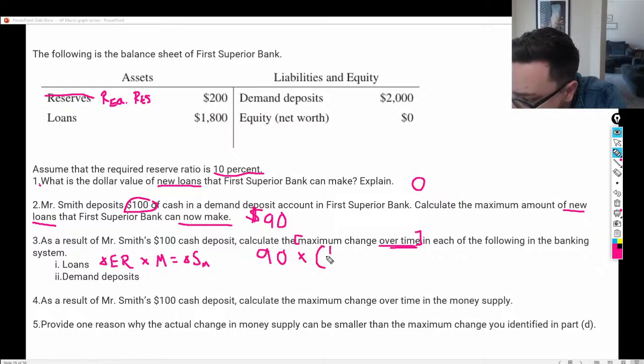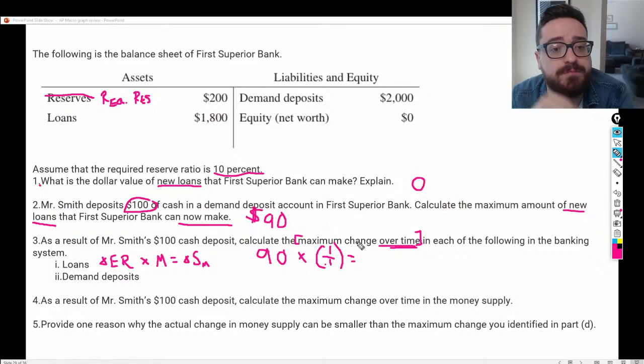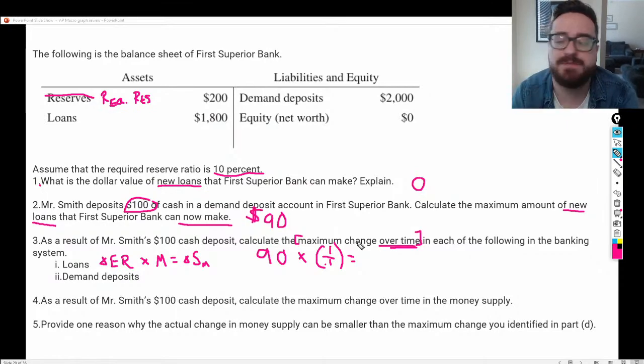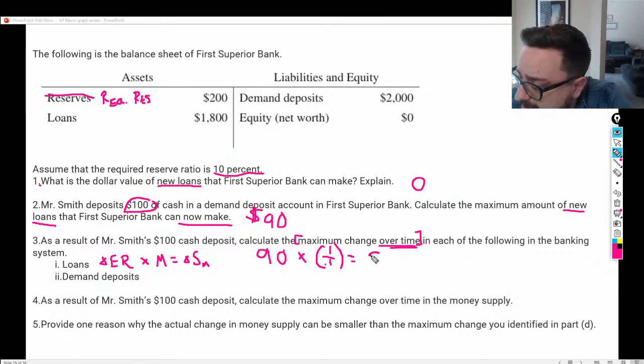The money multiplier is 1 over the reserve requirement, so 1 over 0.1. To be clear, 1 over 0.1 is 10, because 0.1 goes into 1 ten times. So 90 times 10 is $900. It's the answer to 1.